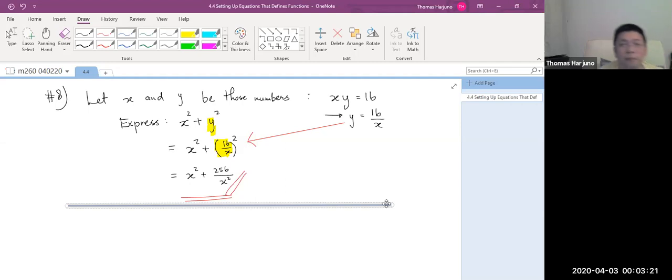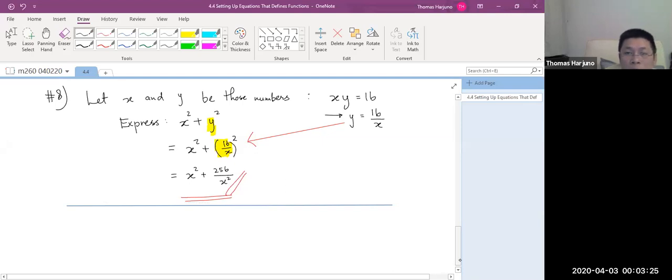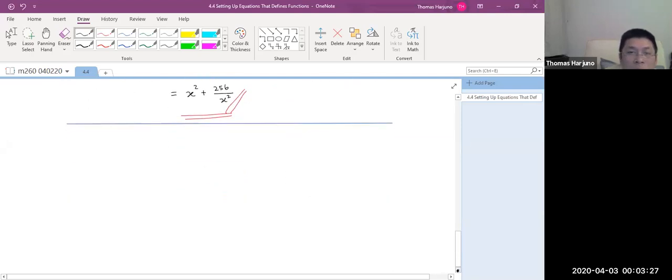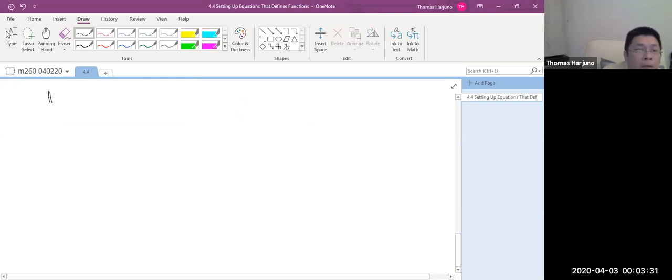Number 12. In fact, number 12 is so important, I would like you to memorize the result we have from number 12. Let 2s denote the length of the side of an equilateral triangle.